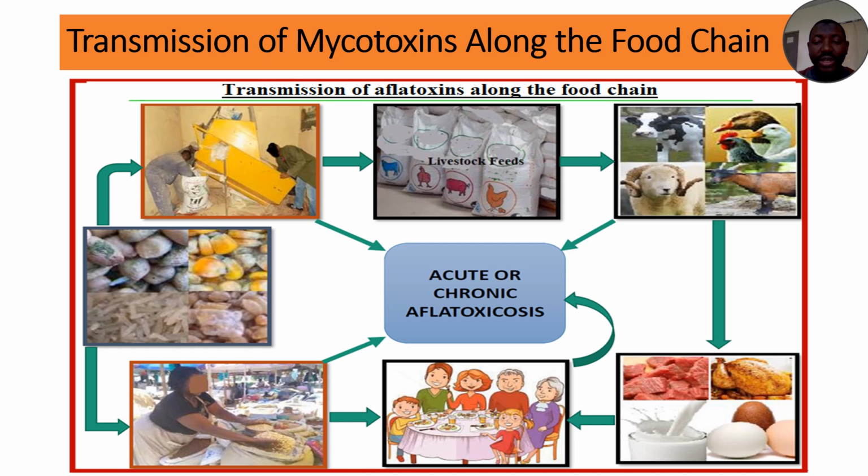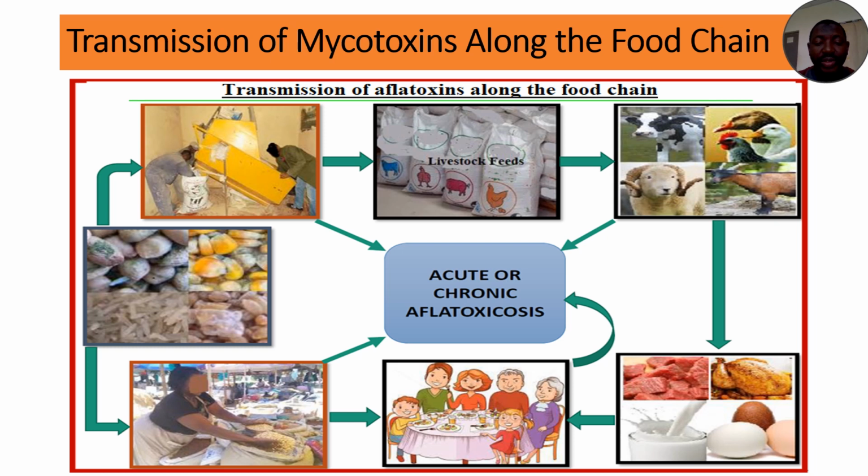That means the toxin can be transmitted in the food, and then even after cooking, it can remain persistent until it gets to human beings. So generally, after affecting the animals, the products from those animals end up consumed by humans, and when humans consume such products, they develop either acute or chronic aflatoxicosis, as we said.